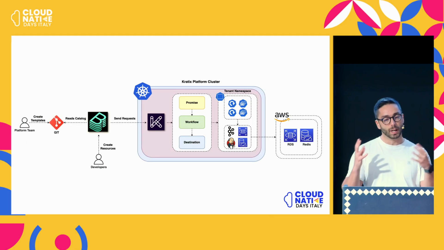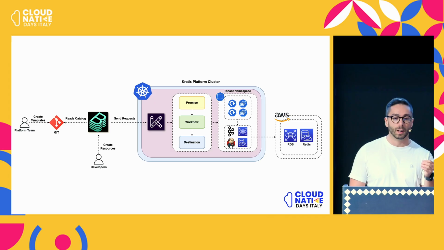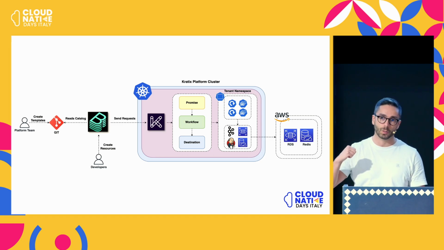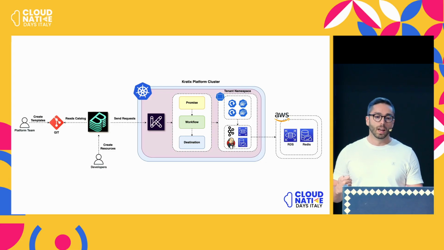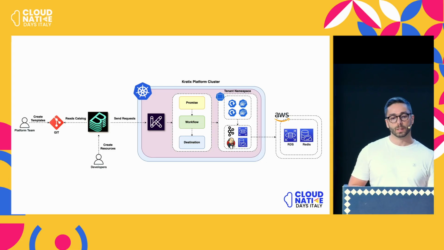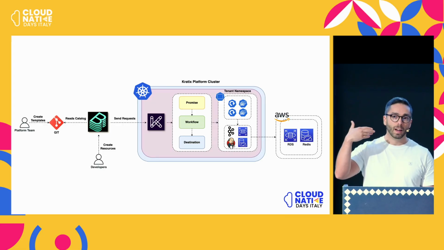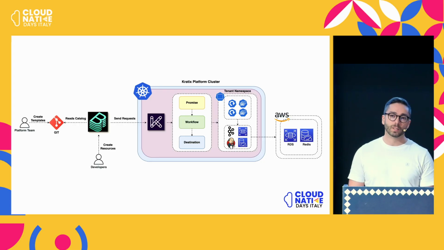So if we put Backstage and Kratix together, we have such an architecture. The platform team is creating the components by writing templates and storing them in Git. And Backstage is able to read those templates from Git. When a developer tells Backstage, I want to create a Redis instance, what happens in the background is that Backstage translates that template into a Kratix promise.